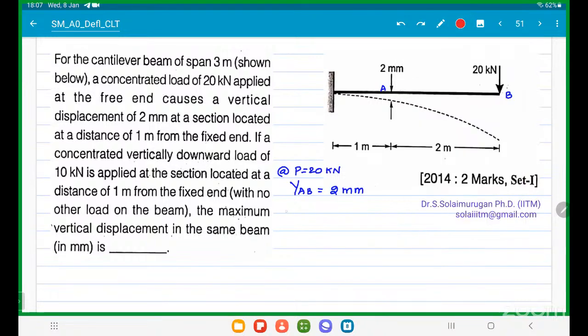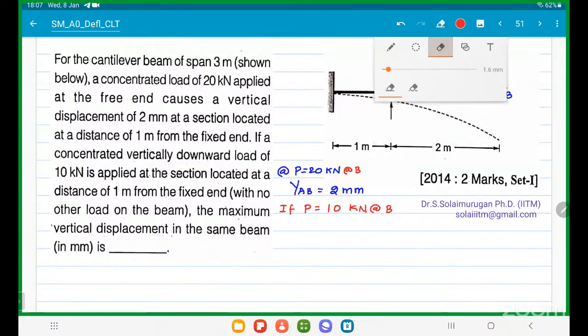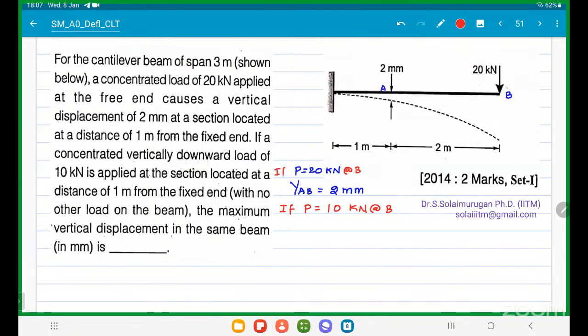Suppose P is equal to 10 kilonewton at B. Tell me, what is the deflection? Same YAB is equal to 1 mm, sir.